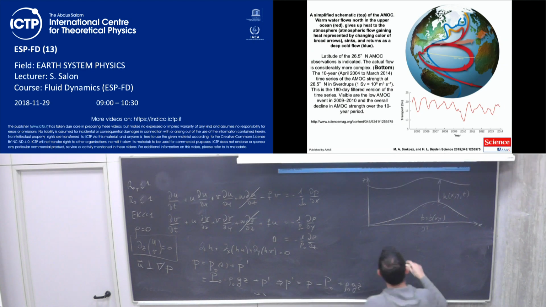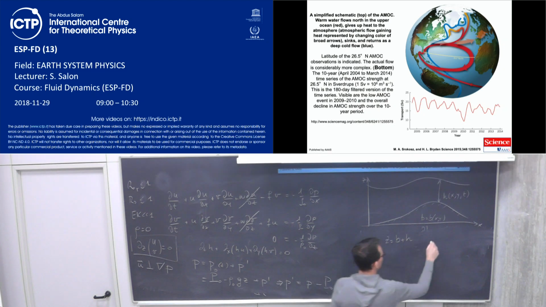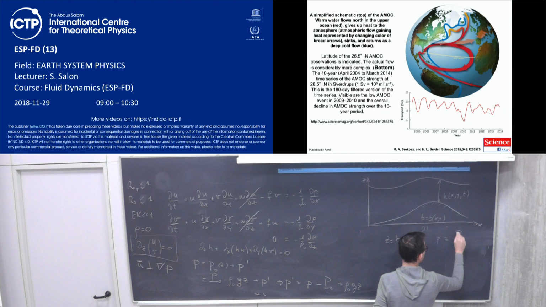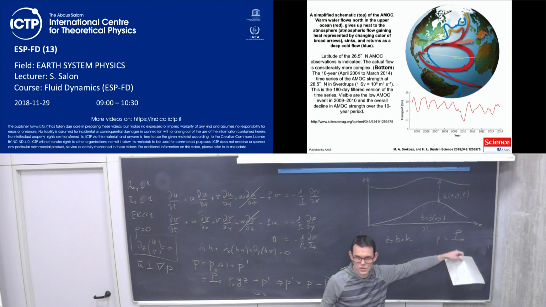What happens? If we are at z equal B plus H, which means at the surface, my total pressure is exactly equal to P0, because this was the integration constant.